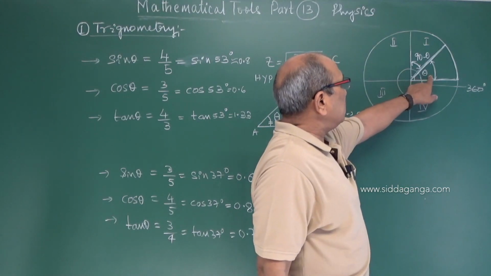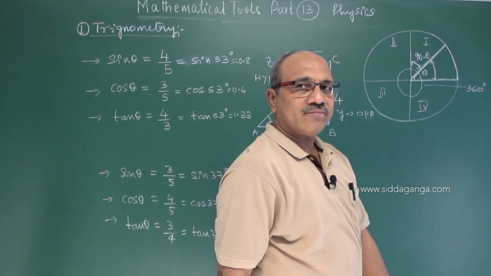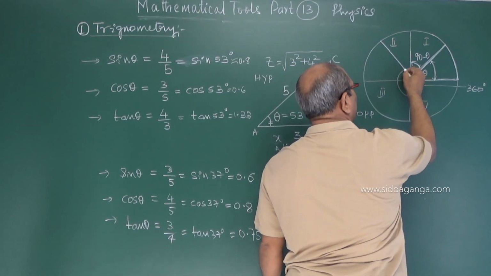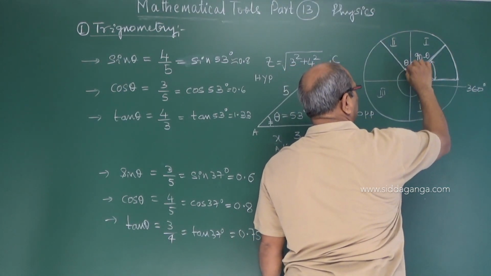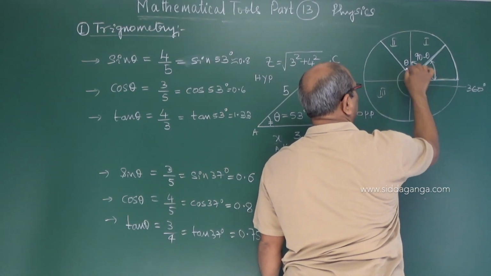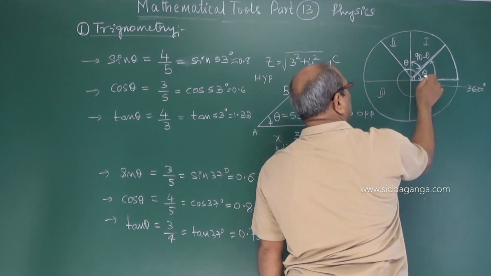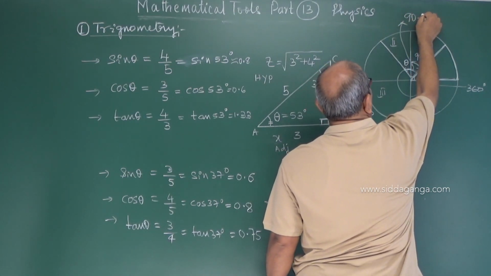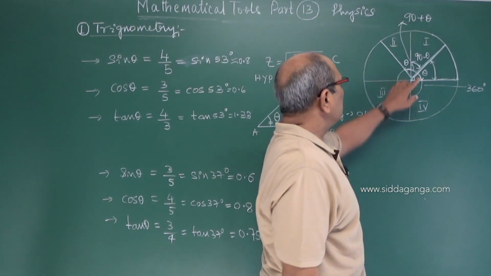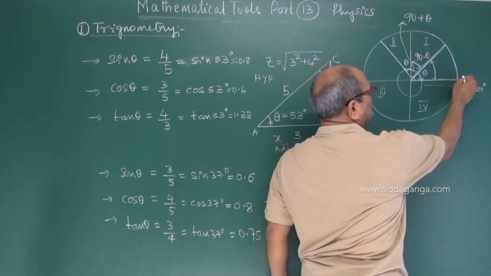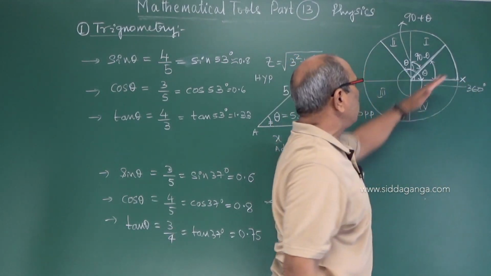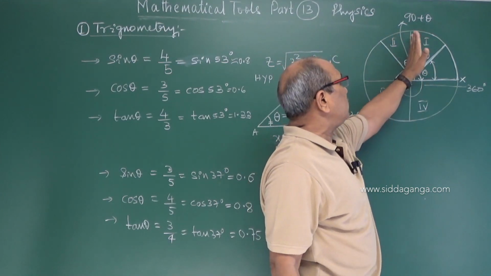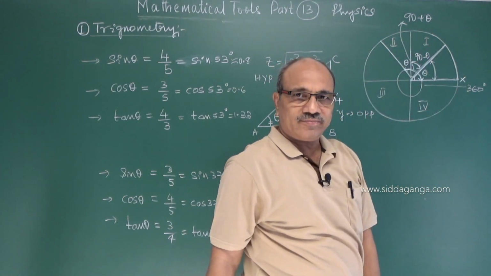And if I consider the angle here, it may be theta, but the total angle from the positive x-axis to this position is 90 plus theta. With the vertical it is only theta.